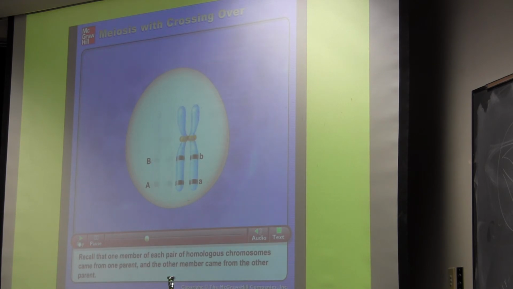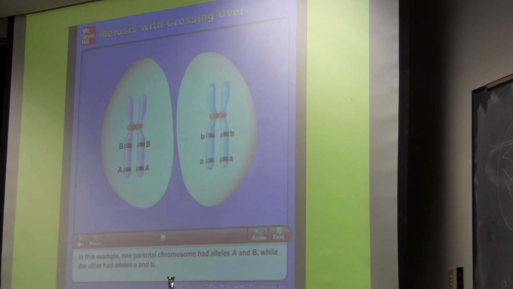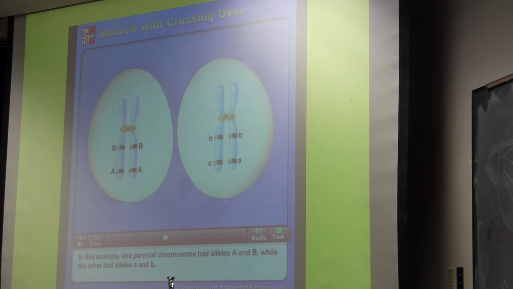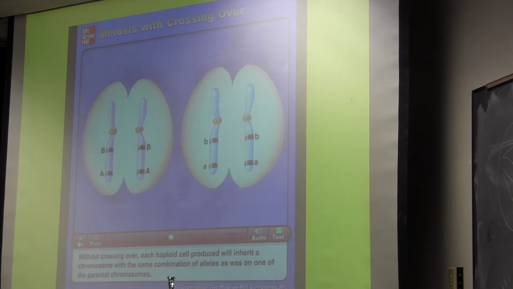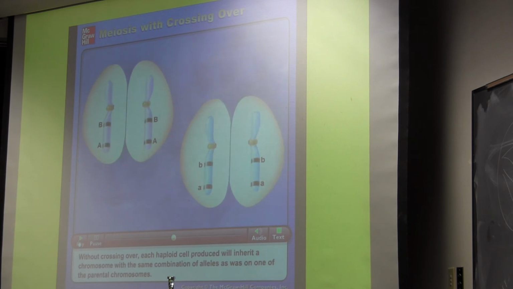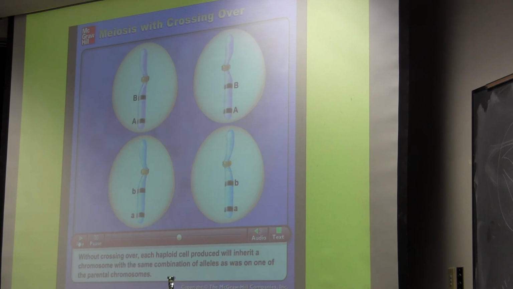Recall that one member of each pair of homologous chromosomes came from one parent. The other member came from the other parent. In this example, one parental chromosome had alleles capital A and capital B, while the other had alleles lowercase a and lowercase b. Without crossing over, each haploid cell produced will inherit a chromosome with the same combination of alleles as was on one of the parental chromosomes. Thus, the arrangement of linked genes is not altered in this case.